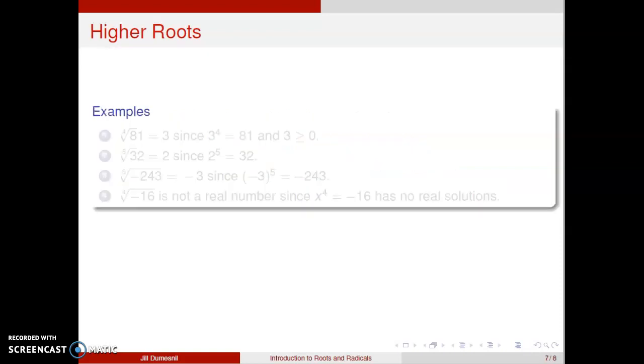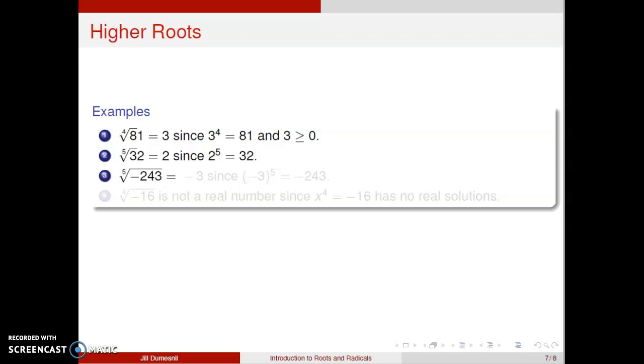Let's consider a few examples with higher order radicals. The fourth root of 81 equals 3, since 3 to the fourth equals 81, and 3 is non-negative. The fifth root of 32 equals 2, since 2 to the fifth is 32.